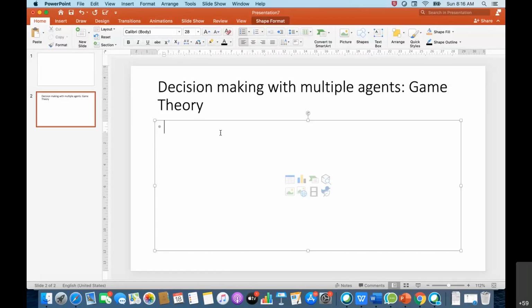When we are trying to make decisions with multiple agents, two concepts come up. One is agent design, and another one is mechanism design.